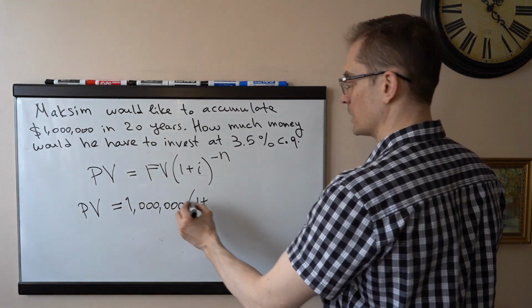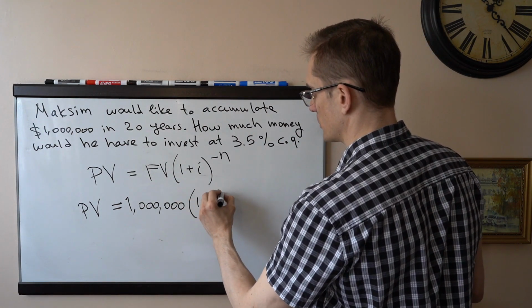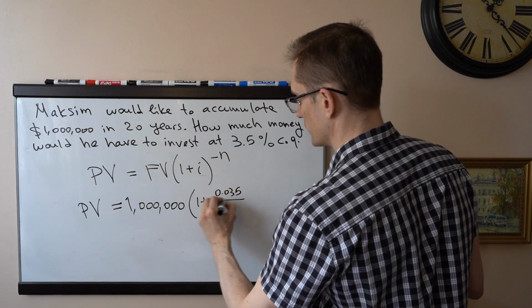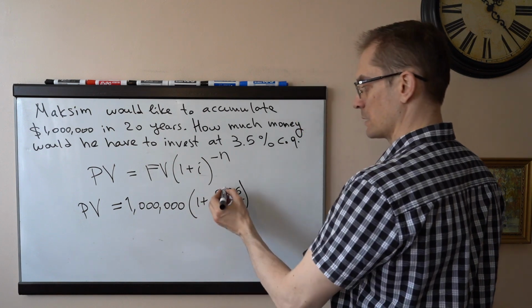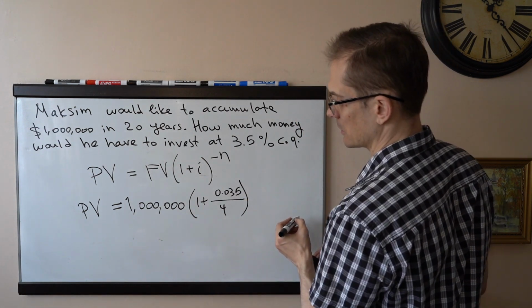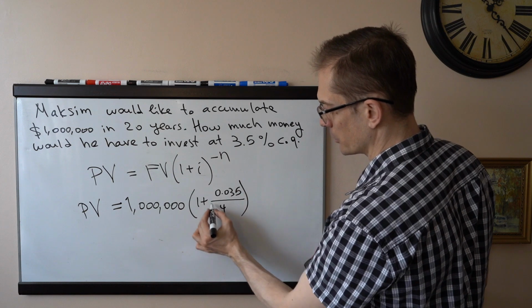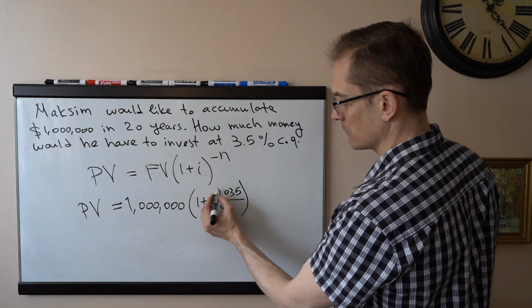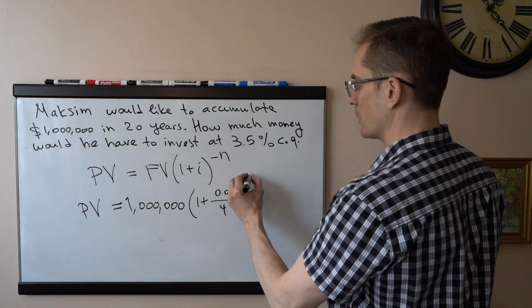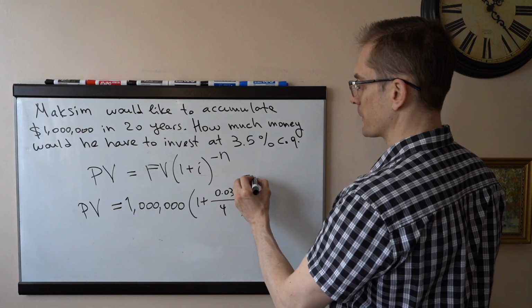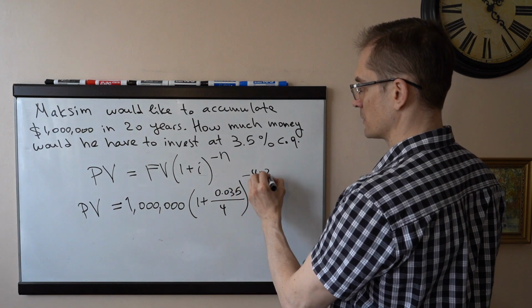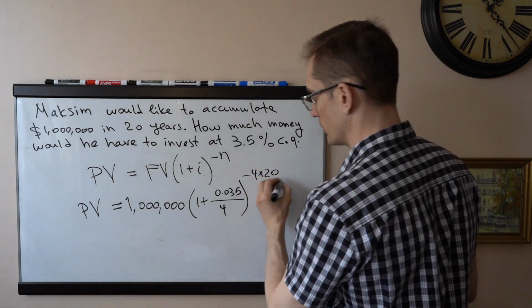Okay. 1 plus 0.035 divided by 4, that's the rate per quarter, so the periodic rate here, your i for every quarter, to the power of minus 4 times 20, so minus 80 here.